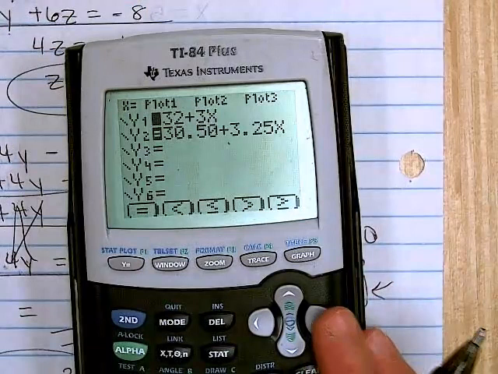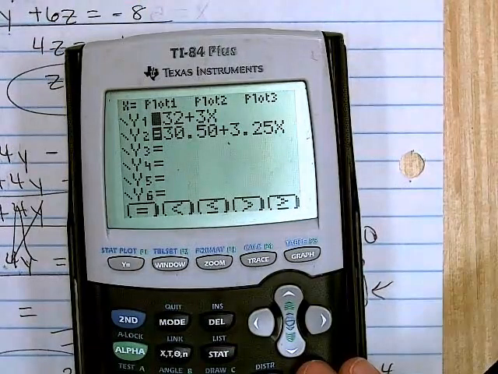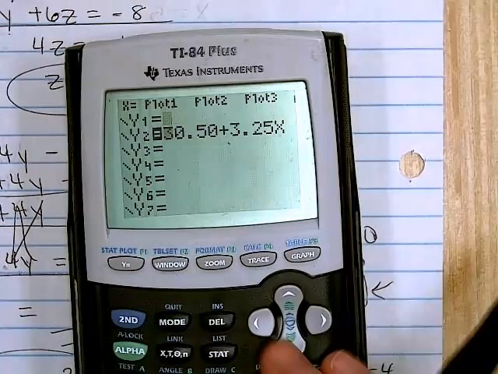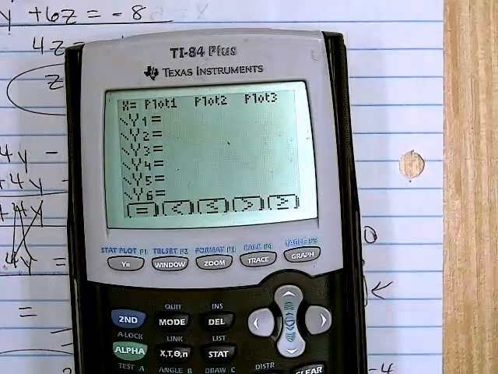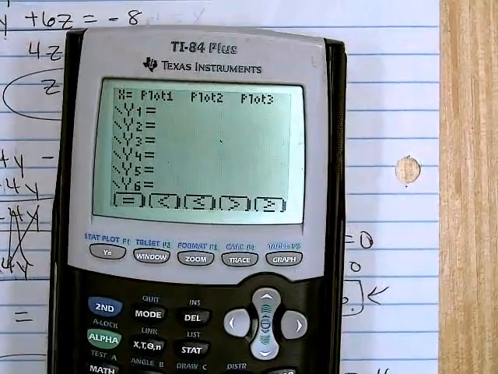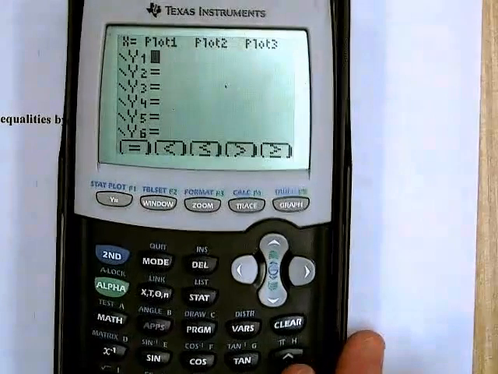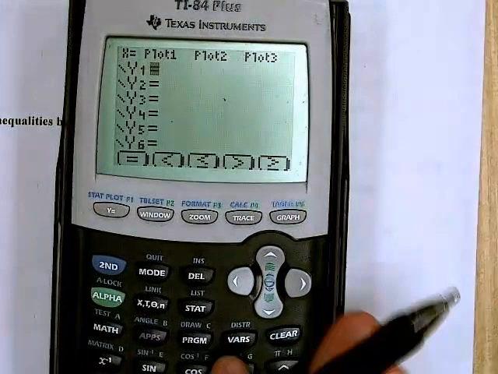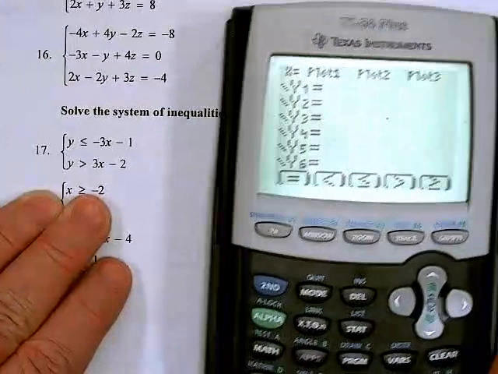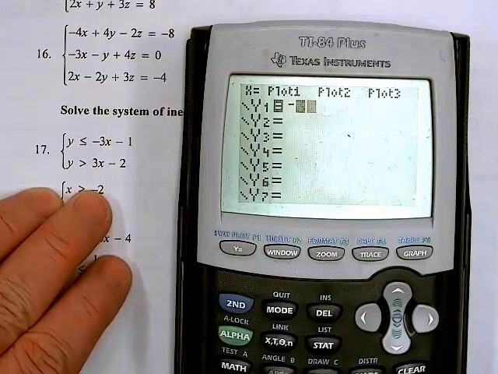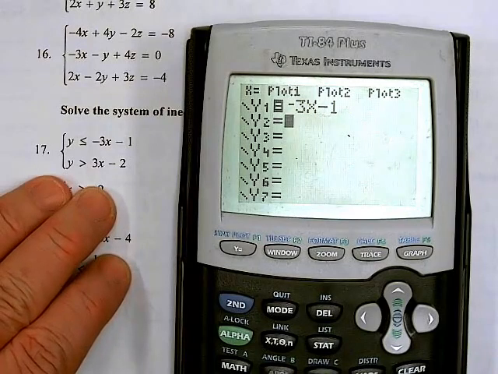Y equals, at the bottom of your calculator, it needs to say greater than, less than, when you're sitting on the equal sign. To get it to do that, you go to the app and you choose inequalz. Then, number 17 can be entered in your calculator. Negative 3x minus 1. 3x minus 2.